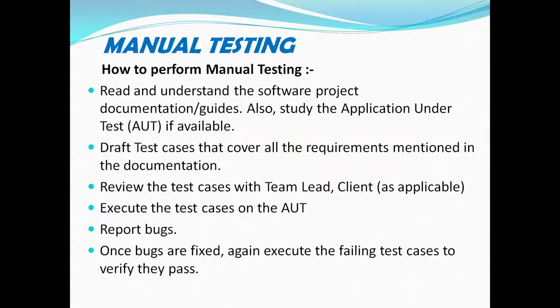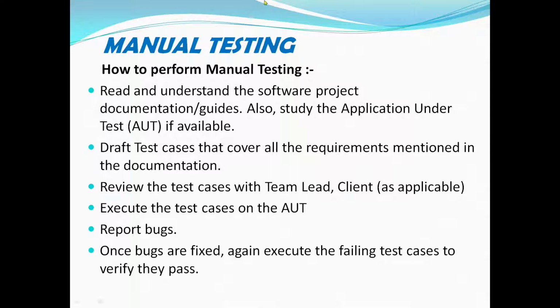And what we do in testing is as follows. We draft the test cases that will cover all the requirements mentioned in the documentation. We review the test cases with the team lead and the client if we have to and if it's possible. And then execute the test cases on the UAT. If we find any bugs, and that is a primary job of the software tester, to find the bugs, right?